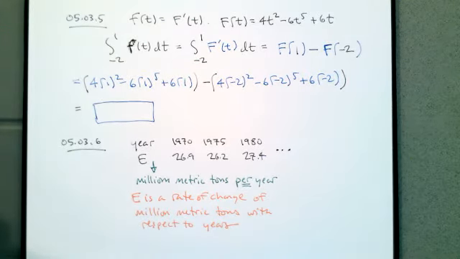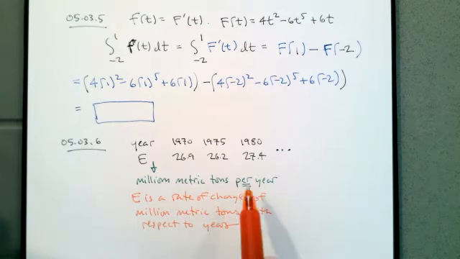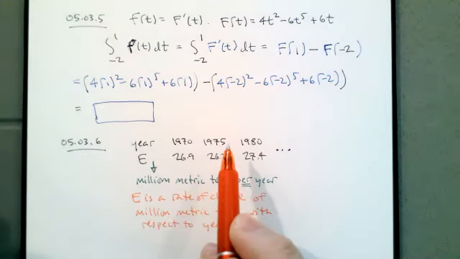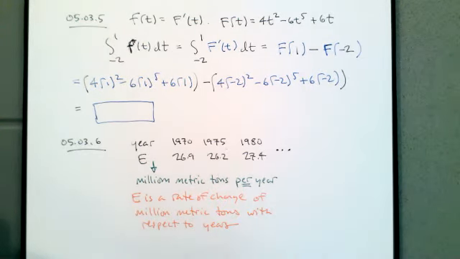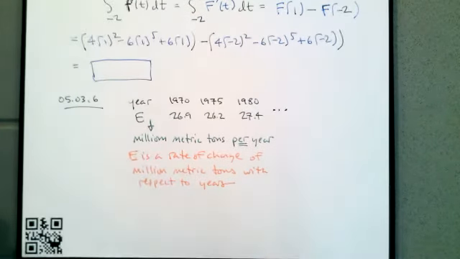So the x, or the input, is measured in years. When we calculate the area under the curve, or the definite integral, it will be in million metric tons per year times years, and then the years will cancel out. So the definite integral will be in million metric tons.